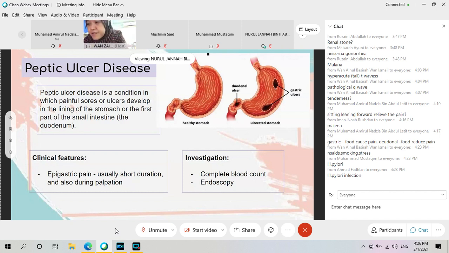Anybody? H. pylori kan seronok belajar pasal H. pylori. It release toxin. Aizul nak jawab. Release toxin.